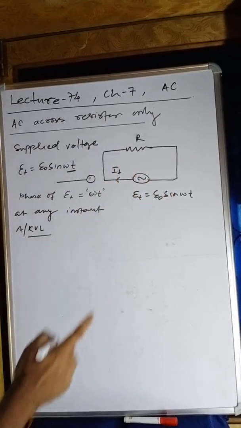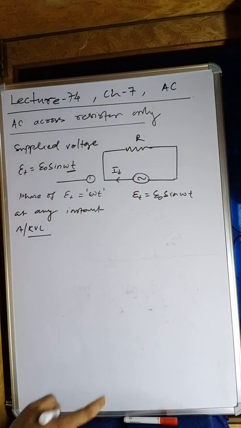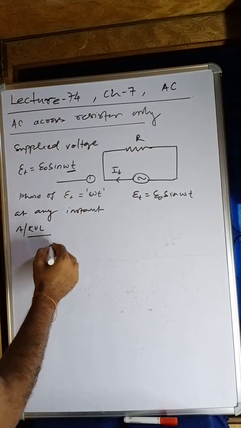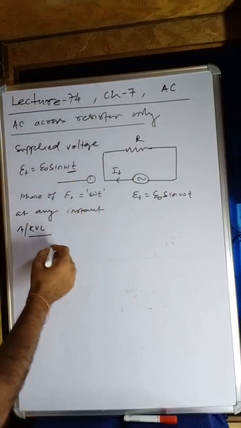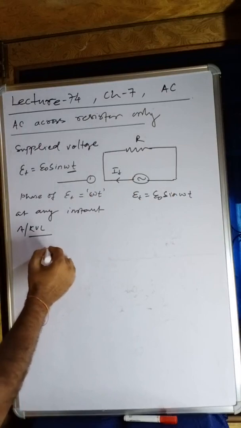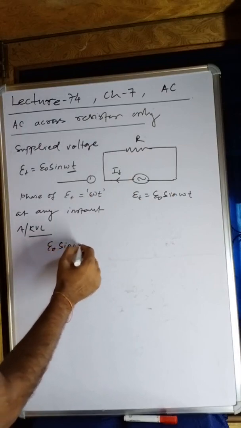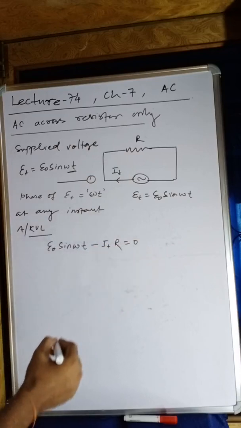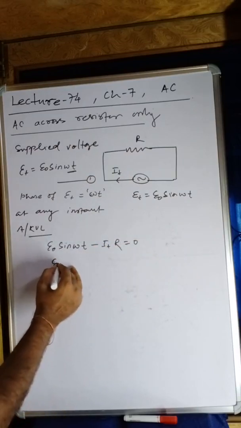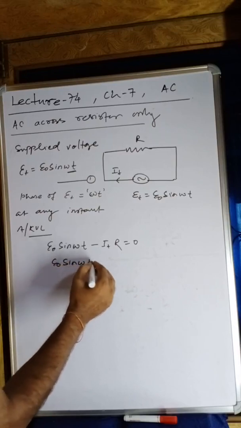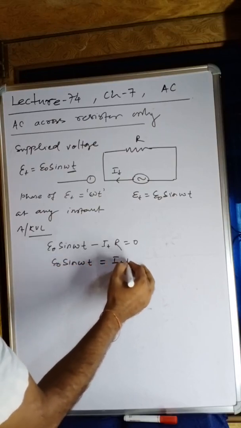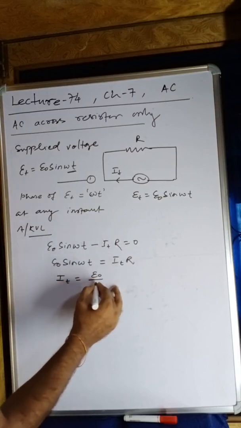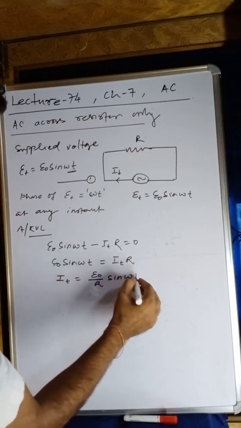There is no other device in this circuit, so the voltage only drops over the resistor. And we can write in this complete mesh loop, that is the complete loop, E0 sine omega t minus I(t)R is equal to 0, or E0 sine omega t is equal to I(t)R, or I(t) can be written as E0 by R sine omega t.